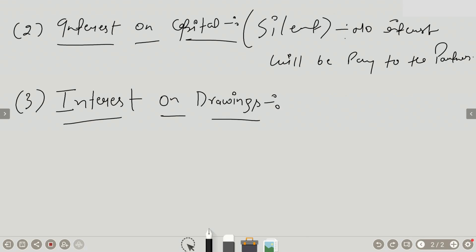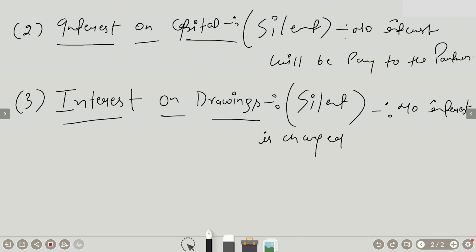If the partnership deed is silent about the interest on drawing, no partners will pay interest on drawing to the firm. So, if the partnership deed is silent, no interest is charged by the partners. Understood? Okay.